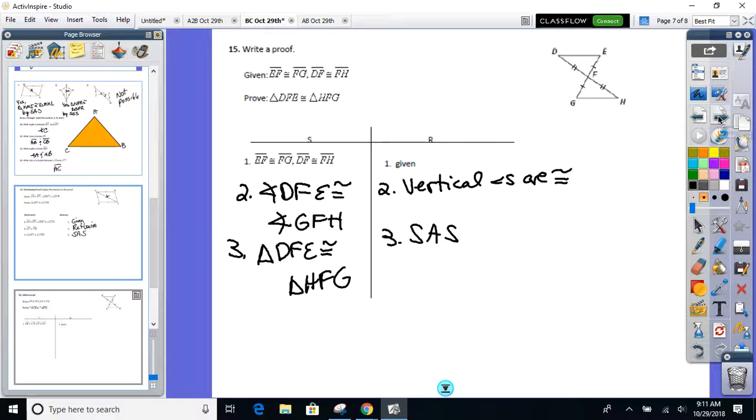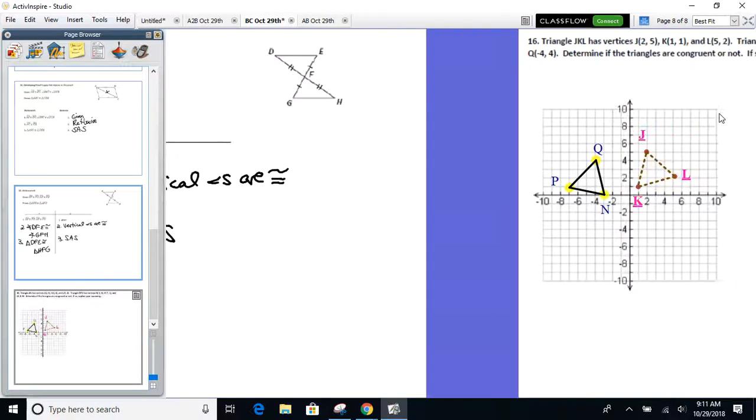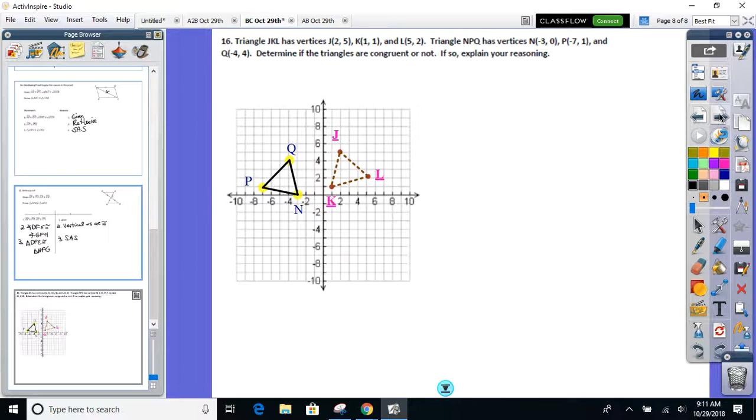Last thing we've got to take care of is what happens if I'm on the graph. Some of you may or may not know what's coming up, but go ahead and graph both triangles.